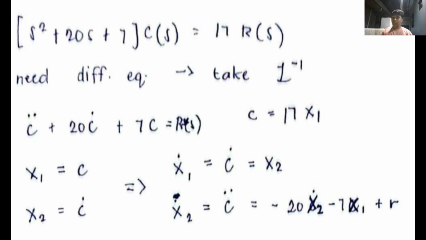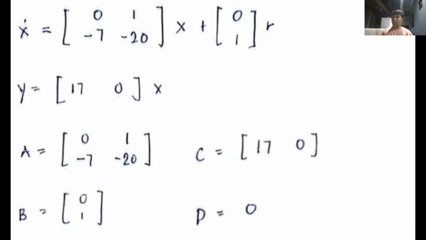So let's assign variables. x1 is equal to C, x2 is equal to C dot. x1 dot is equal to C dot, which is equal to x2. x2 dot is equal to C double dot, which is equal to negative 20 x2 minus 7 x1 plus r. Therefore, x dot is equal to [0, 1; negative 7, negative 20] times x plus [0; 1] r.